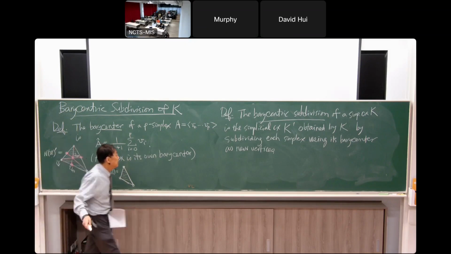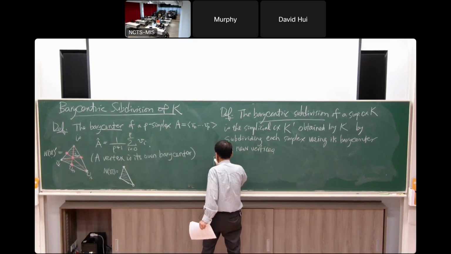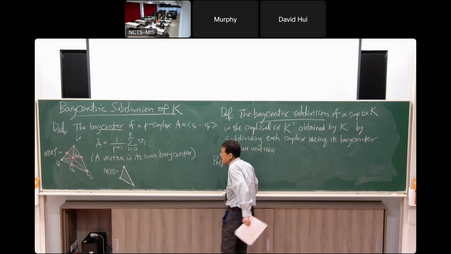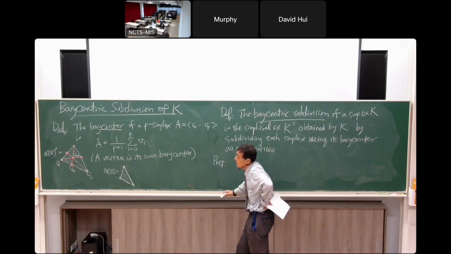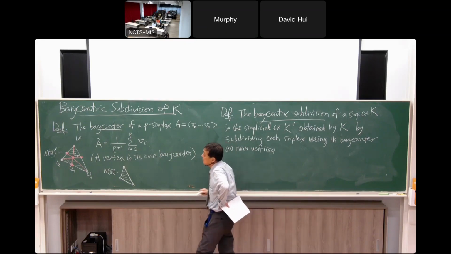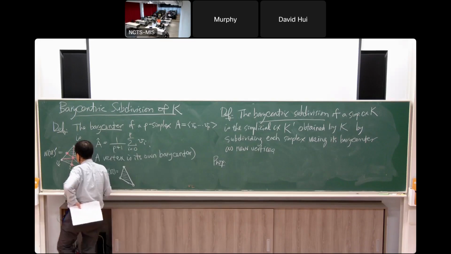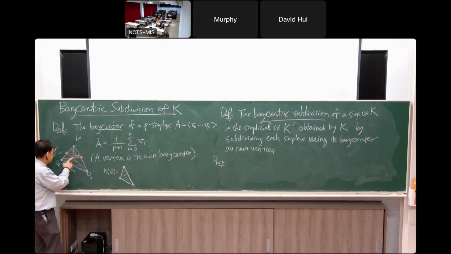So what I want to say is this proposition. To specify this triangle, I specify its three vertices, because a simplex is specified by its vertices.